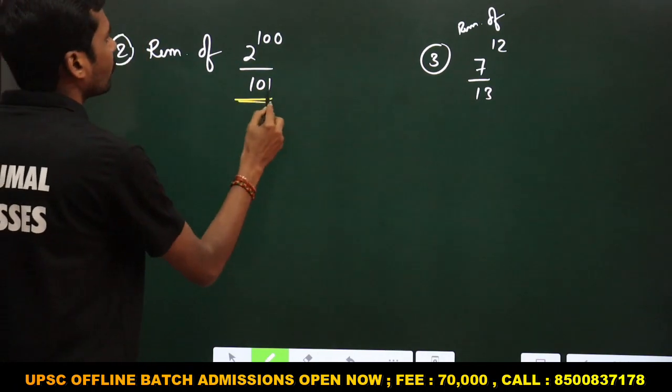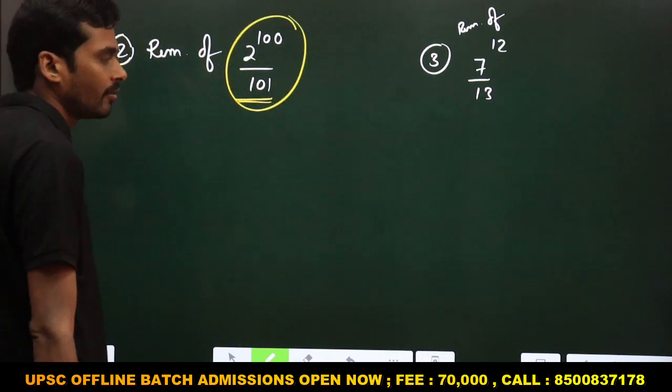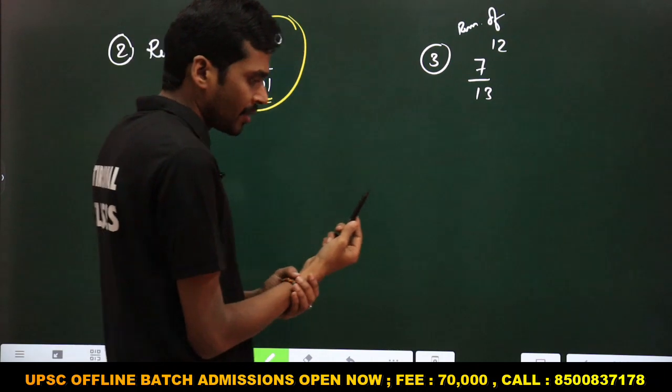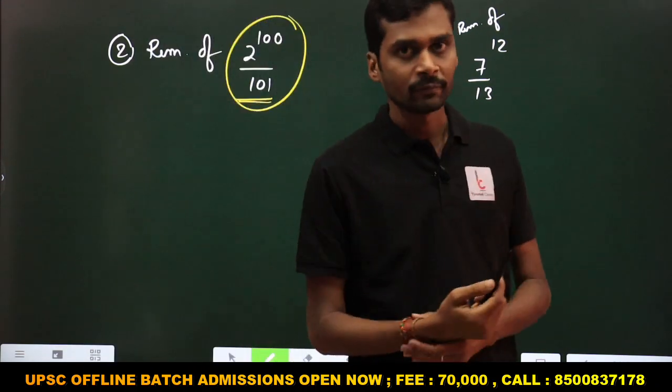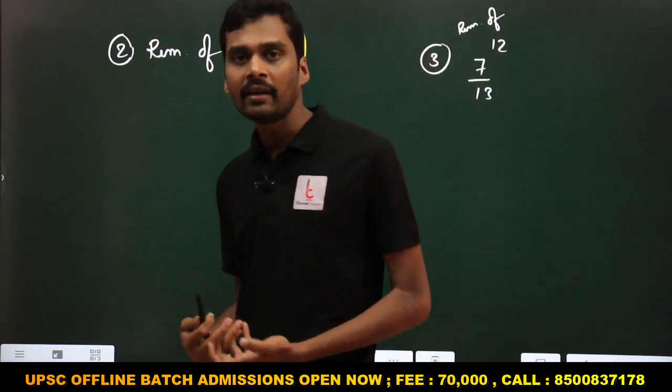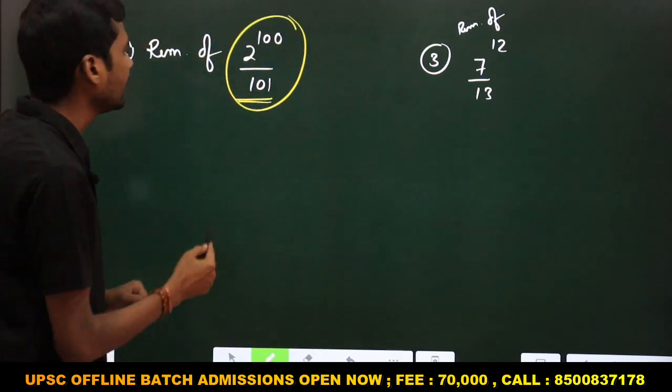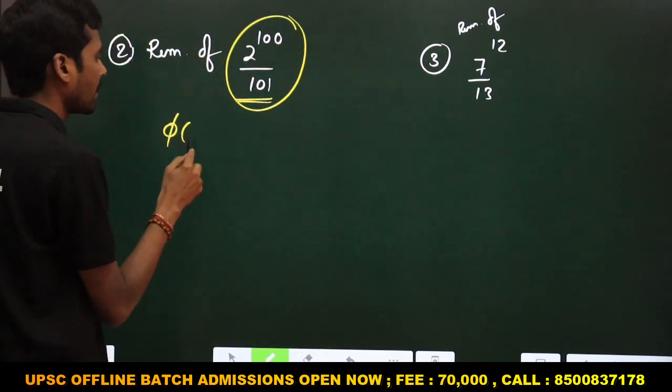What is the remainder of 2 to the power of 100 divided by 101? Okay, when you are supposed to find out the remainders of different numbers, first immediately take the denominator part. So phi of 101.